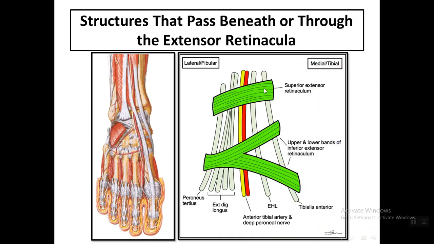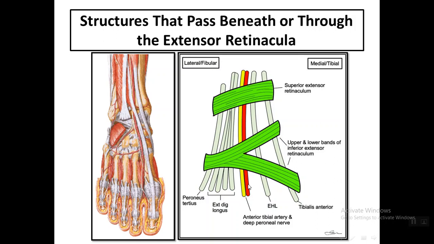So in this figure we can see the structures that pass beneath or through the extensor reticulum from medial to lateral. These are the superior extensor reticulum, and this one is the inferior extensor reticulum اللي هو قلنا شكله Y shape. تترتب structures from medial to lateral. عندي tibialis anterior. Next the extensor hallucis longus اللي راح تروح للبيك toe.